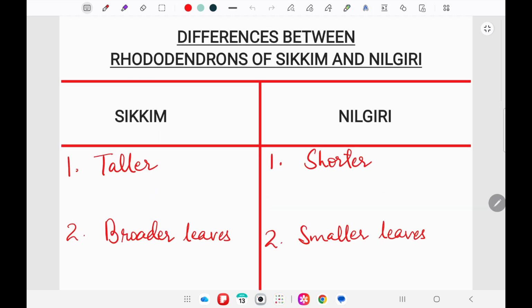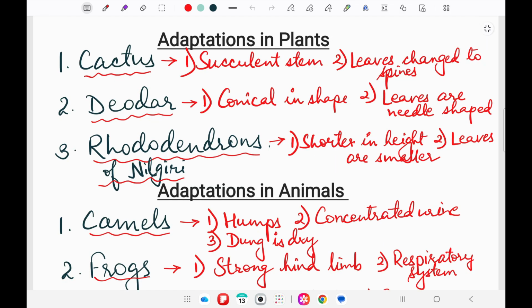This is because the wind speed is too high in the Nilgiri hills. Moreover, the leaves of the rhododendrons that are found in Sikkim are broader as compared to those found in the Nilgiri hills.